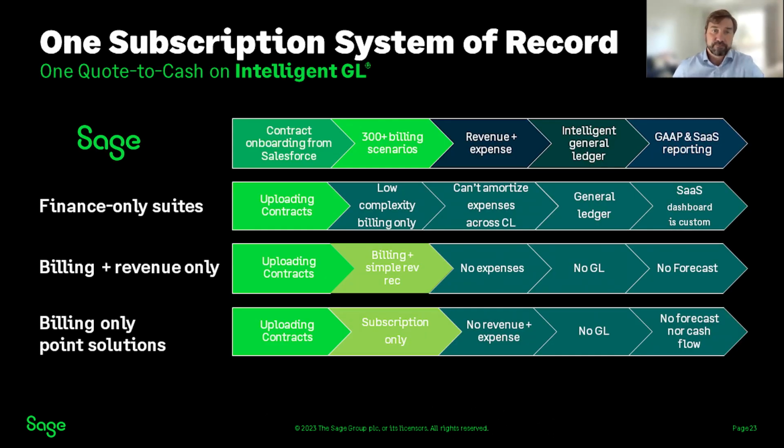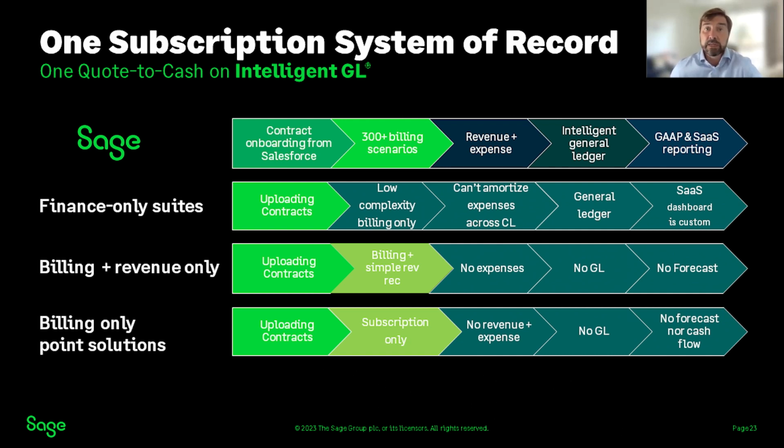And we're just different. Once you're asking your marketing team to make it stand out where you're different, we are the only product that does it all. Ingesting the orders, the scenarios, revenue, expense with the GL, and the reporting against it. The finance only suites don't have billing or revenue in the product. They have to rely on third-party products, which is why the cottage industry is there.